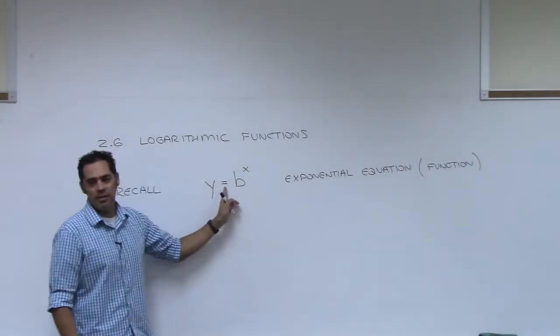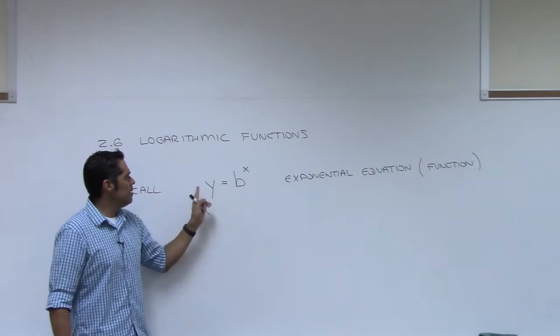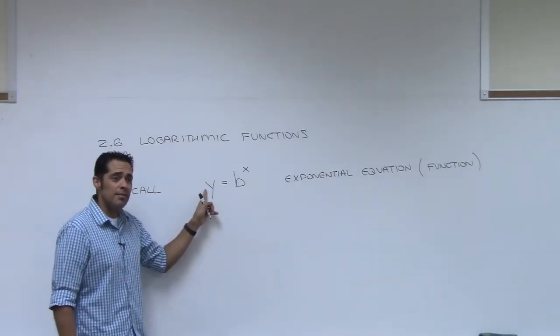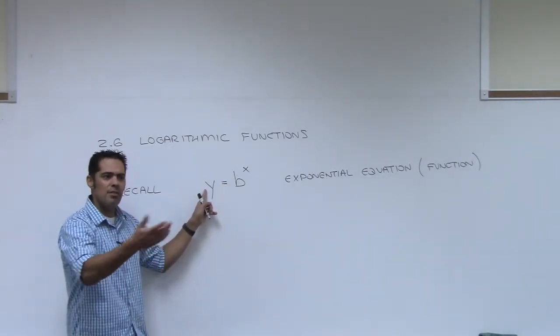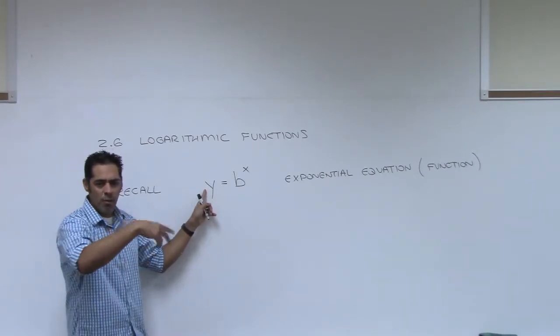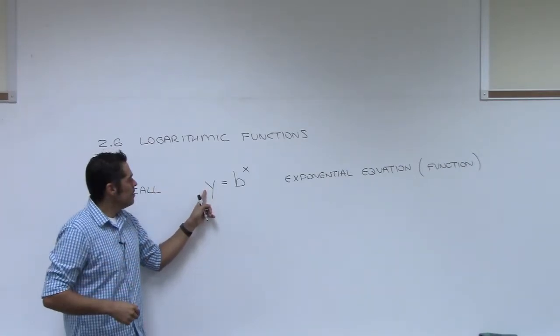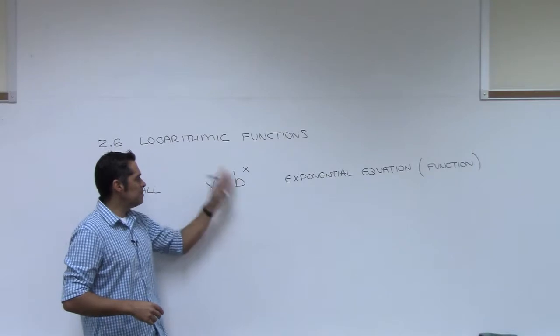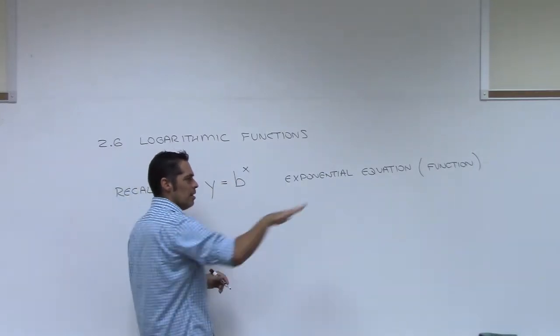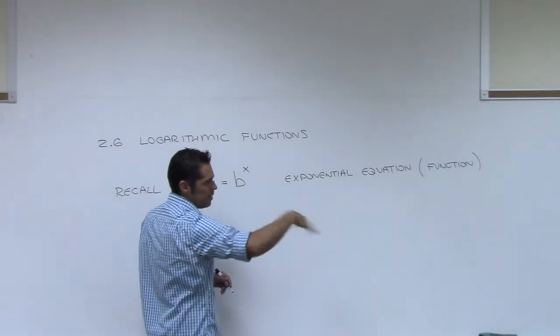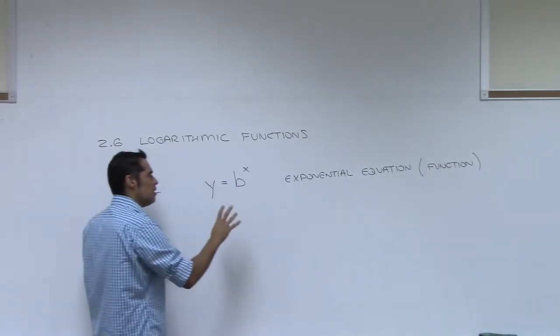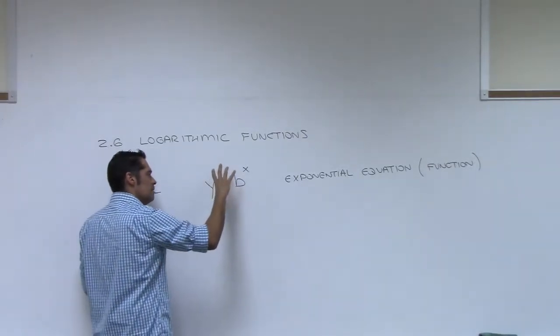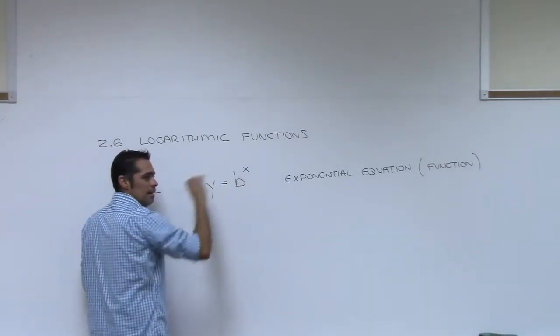See, there's an equation, right? And if we replace y with f of x, then this is a function. I asked you to graph one of these on the test, 1/2 to the x. So we already know what exponential functions look like: they either go like that, exponential growth, or we have exponential decay. But what we want to look at right now is the actual equation here.